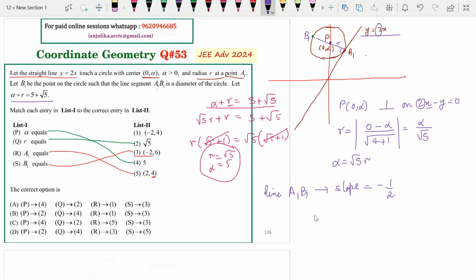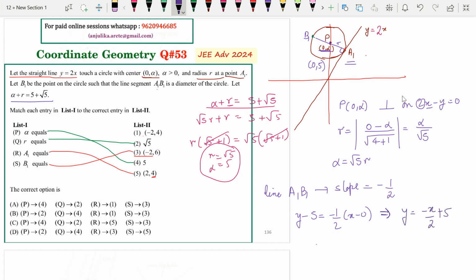Now write the equation of that line, y minus y1. It is passing through this point, which is 0 comma 5. Alpha is 5, we got. So y minus y1 is equal to m times x minus x1. That's your line. So what we get is y is equal to minus x by 2 plus 5.